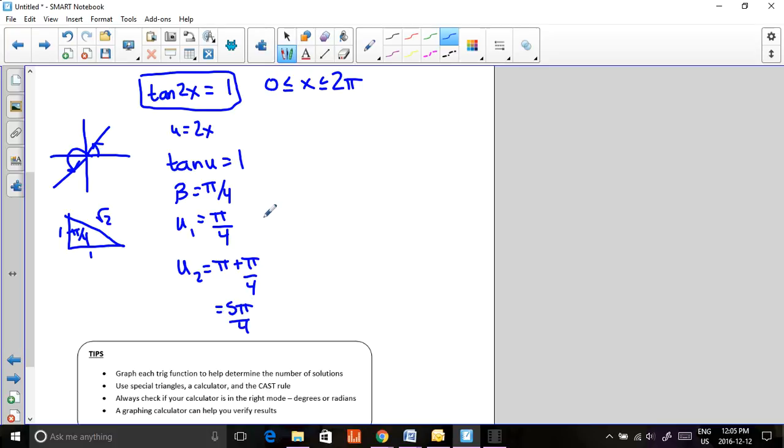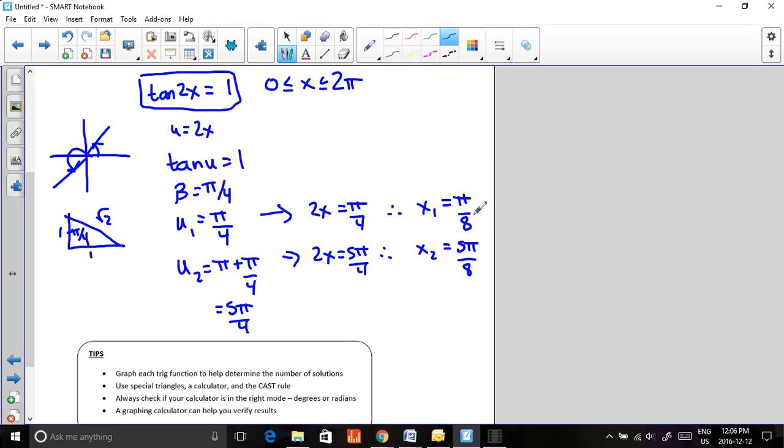Okay, so now I need to switch this back into x format. So 2x equals pi over 4. So therefore, x1 is equal to pi over 8 when I divide both sides by 2. And 2x is also equal to 5 pi over 4. So therefore, my second x value is equal to 5 pi over 8 as well. All right, now the trouble here is you have to remember that tan has a different period.